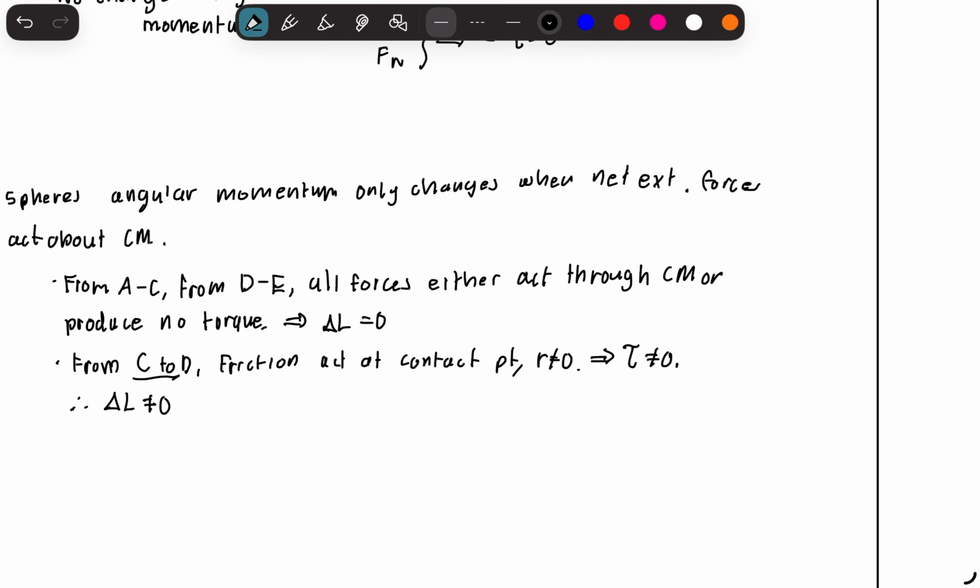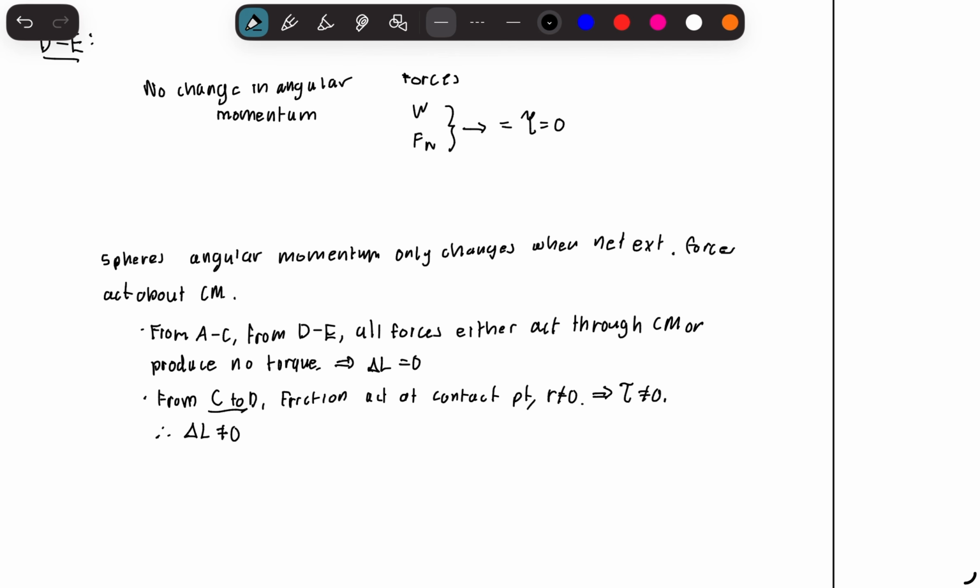Now, what we can do here is analyze the sphere and the angular momentum a bit more.